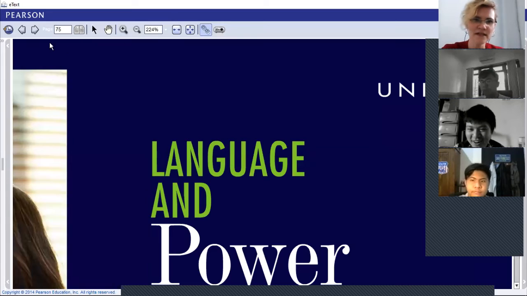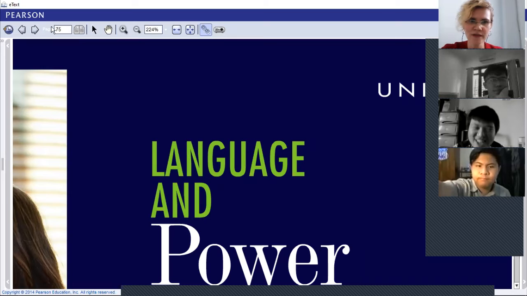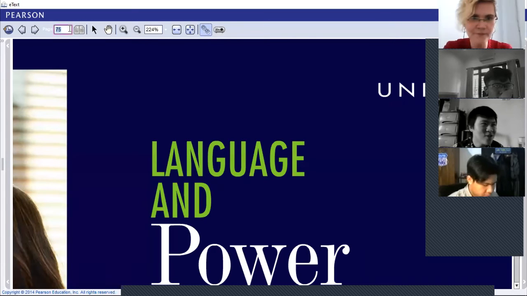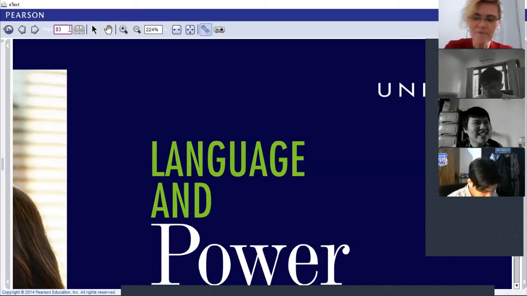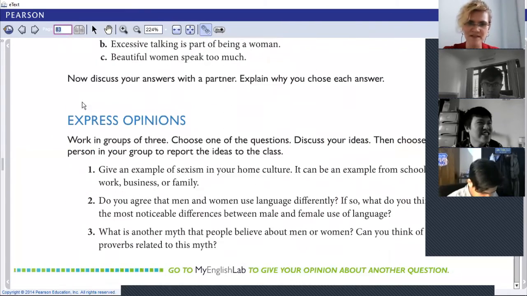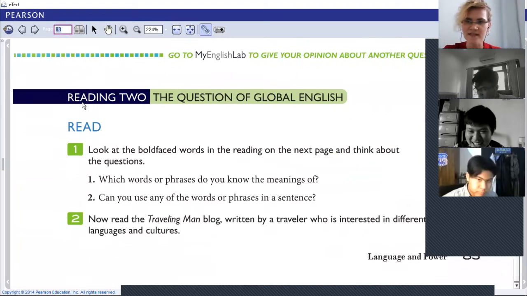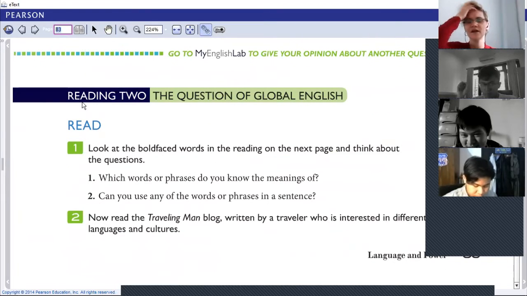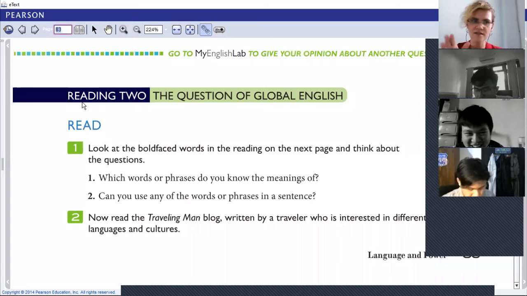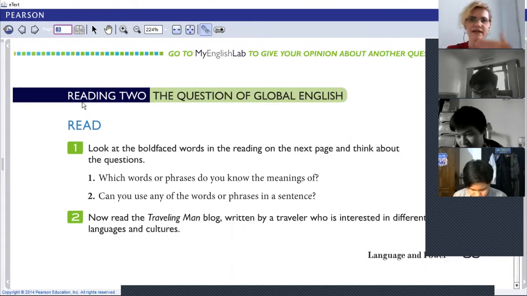Okay, this material is a little bit tricky. We're a bit more into analysis today. If you can go to page 83. Basically, through the ESL program, one of the most important things that you're learning is critical analysis. That's the cool thing with the international program, it is a constant analyzing, evaluating, and creating.